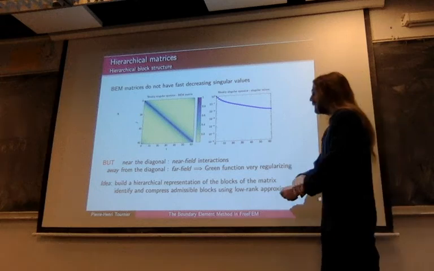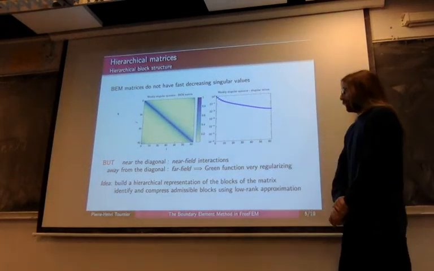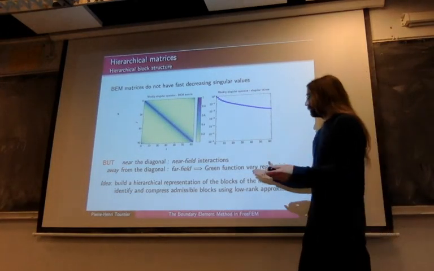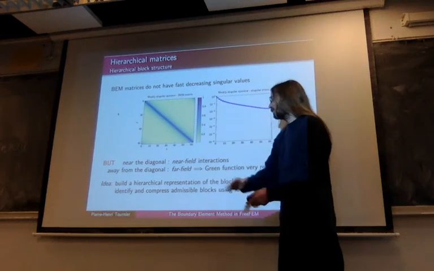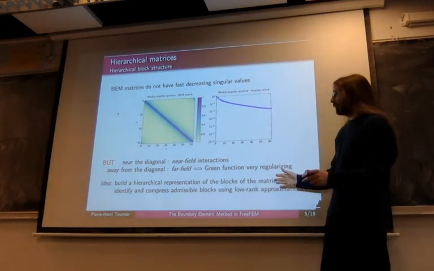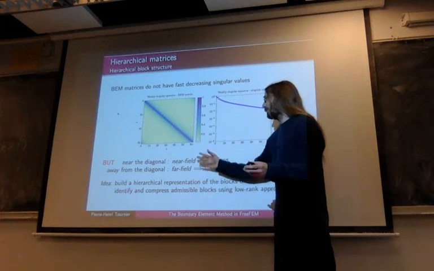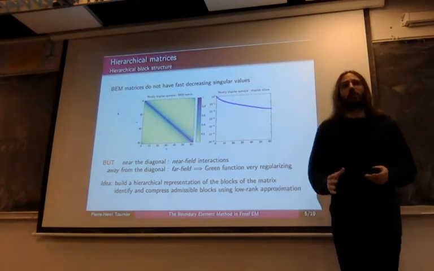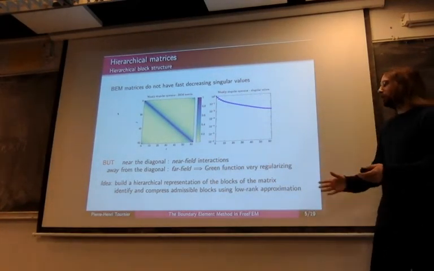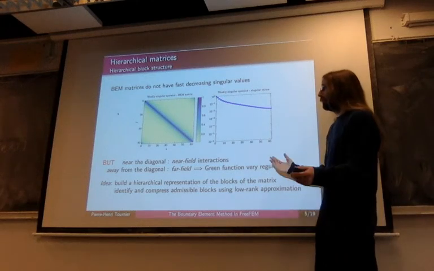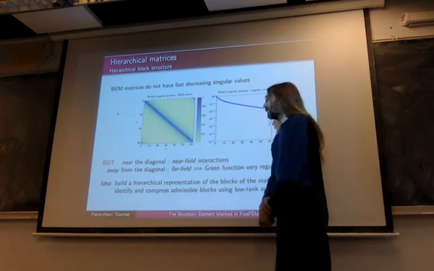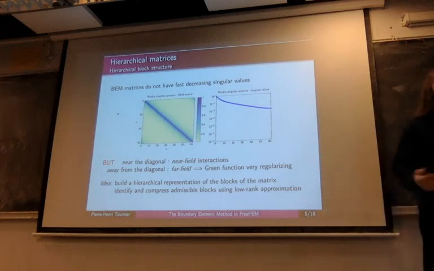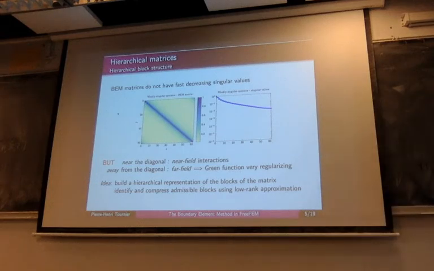And so the idea is to build a hierarchical representation of the matrix in terms of blocks, and you compress blocks that you can compress, which correspond to the far field, and you don't compress the blocks that are not low-rank in nature near the diagonal. So this is the basic idea of hierarchical matrices.